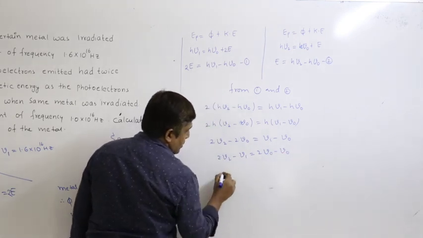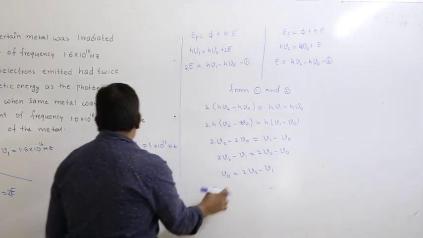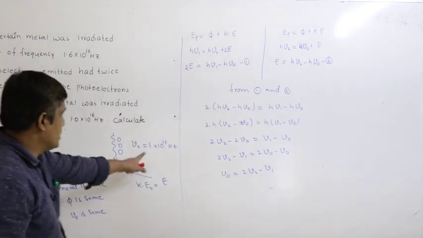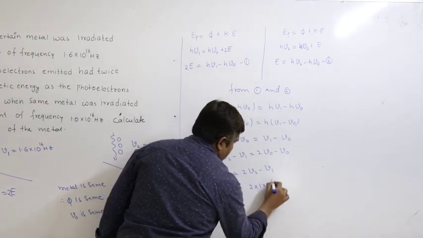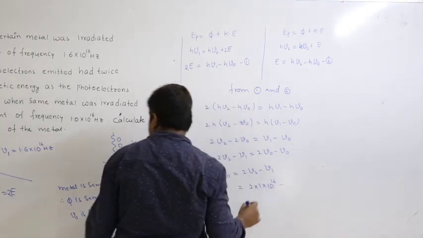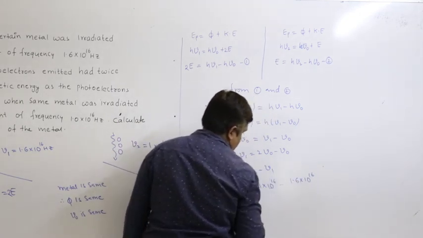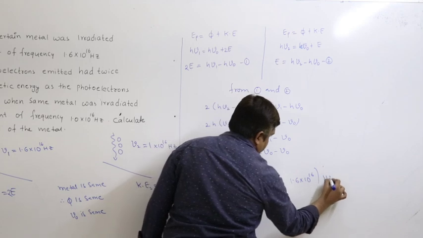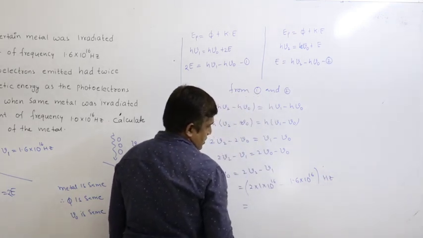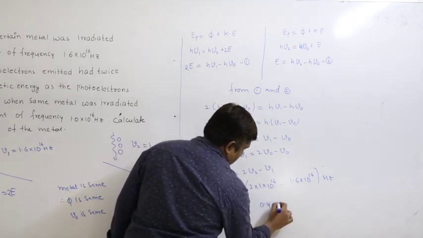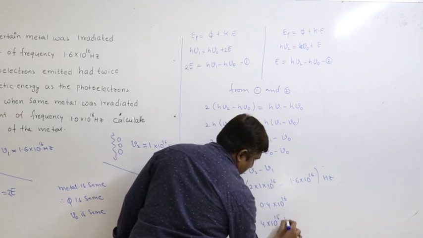So we require nu naught. What is nu 2? Nu 2 is 1 into 10 power 16 hertz, so 2 times 1 into 10 power 16 hertz minus nu 1, 1.6 into 10 power 16 hertz. So 2 minus 1.6 is 0.4 into 10 power 16, that is 4 into 10 power 15.